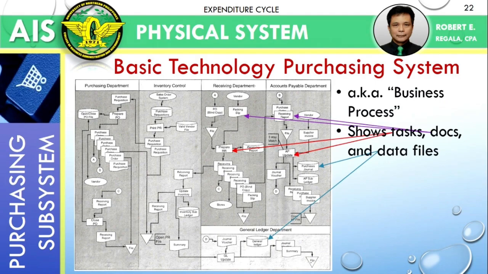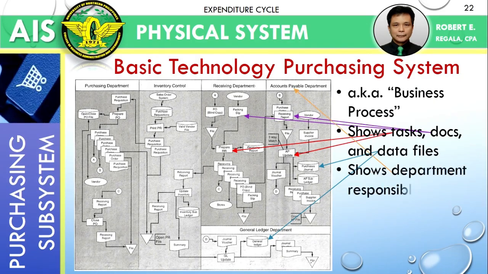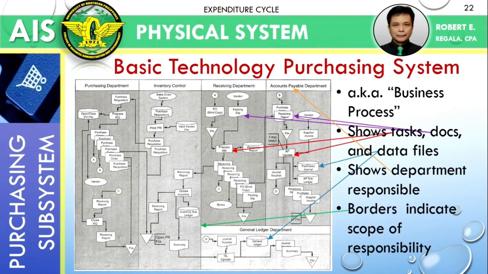In contrast to the data flow diagram, the business process also shows the department, as opposed to function, responsible for the tasks. Also, the borders indicate the scope of the responsibilities of the departments.